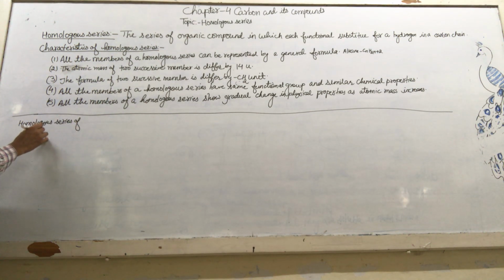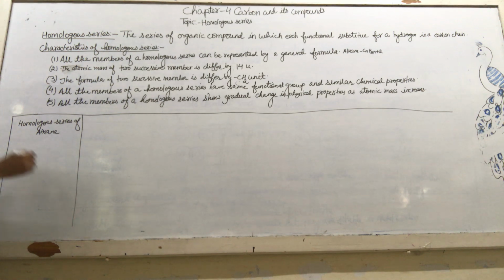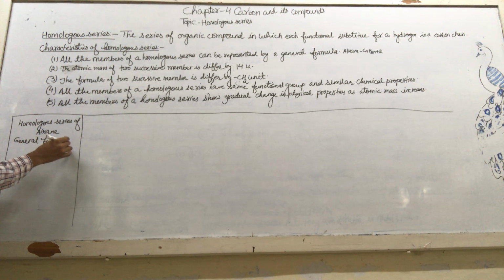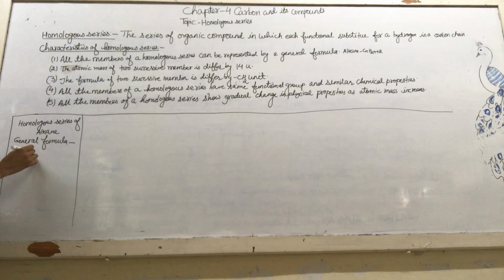The general formula of alkane is CnH2n+2.